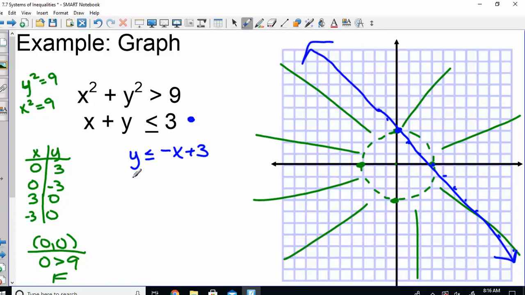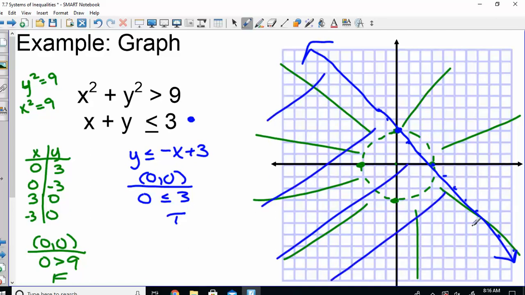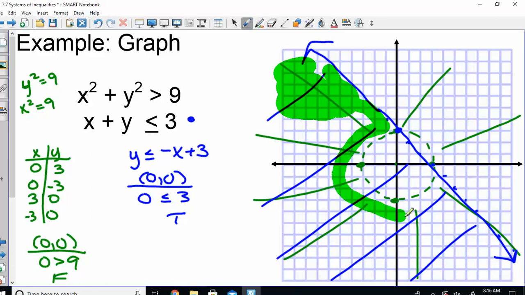Okay, now we need to figure out our shading, so you could do 0, 0. You get 0 is less than or equal to 3. True or false? True. So 0, 0 works, so you're shading below this line. So our overlap is everything below this line and outside the circle.